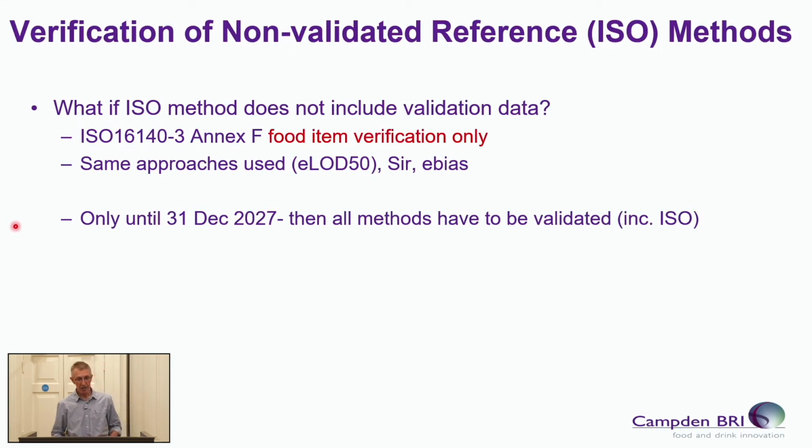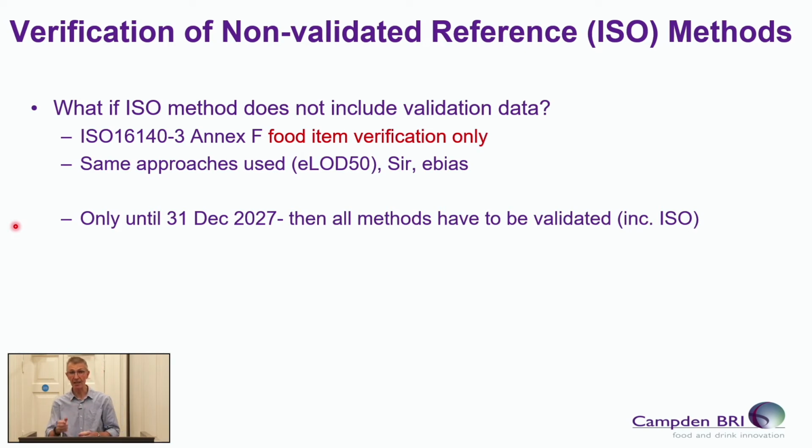Now, one of the questions that's raised that is of real importance at the moment is, so how would I verify something if I had a non-validated ISO method? If I was using the ISO method for the work I'm doing, then I'm a bit stuck because the validation data has been done centrally and it's all written up in the back of the ISO standard.